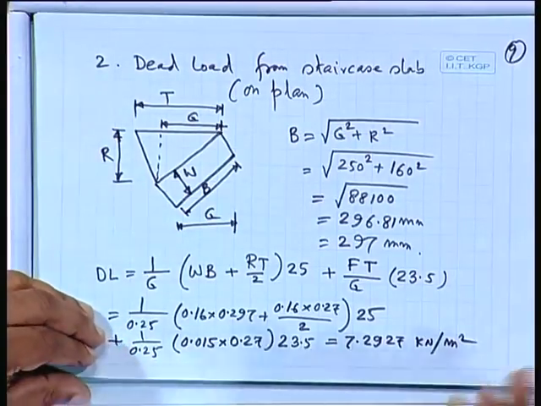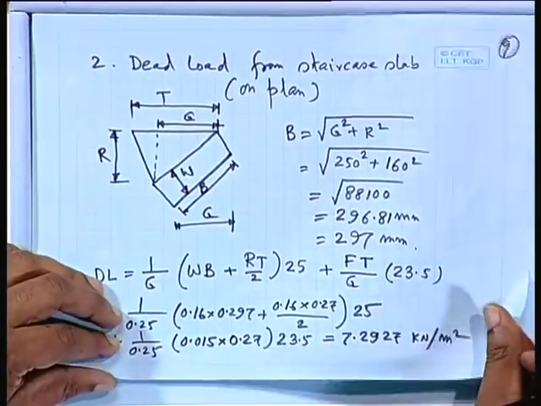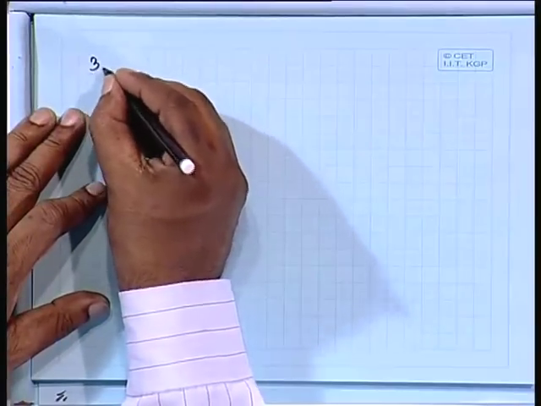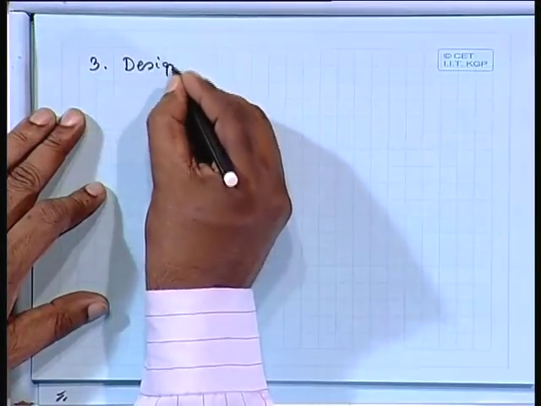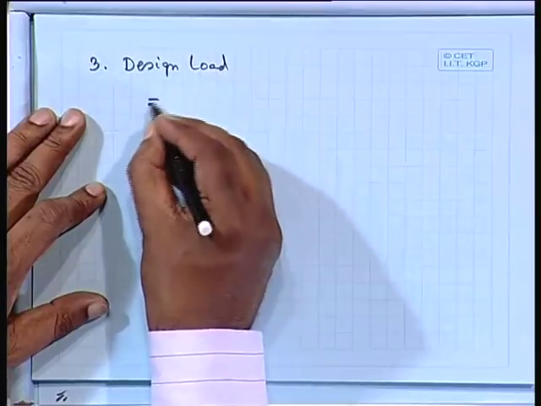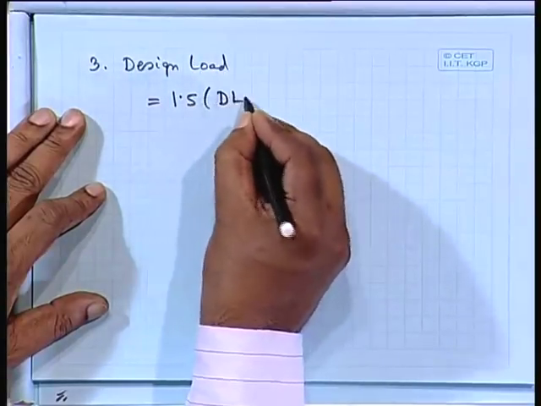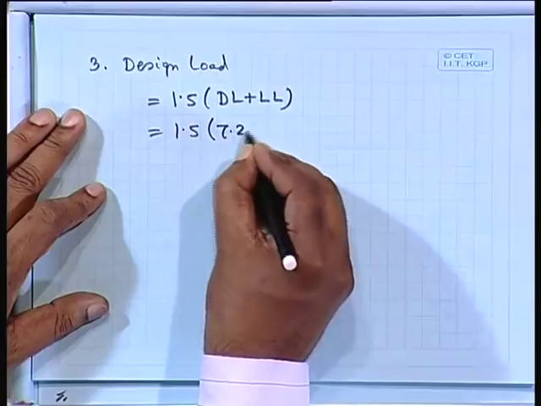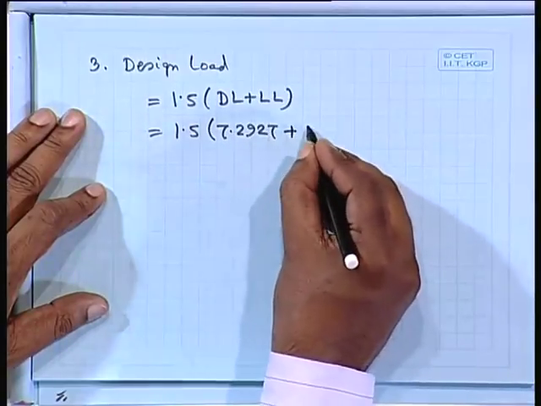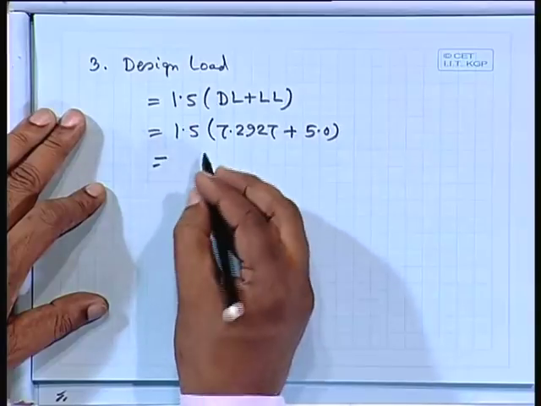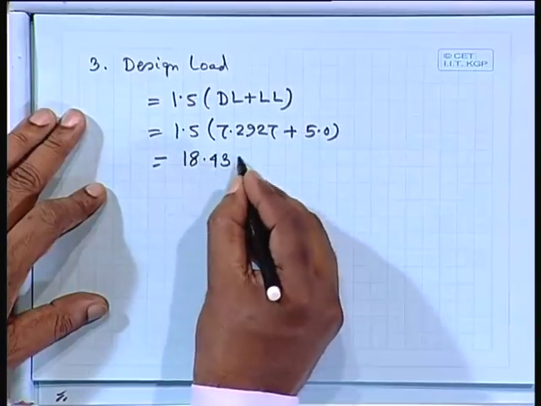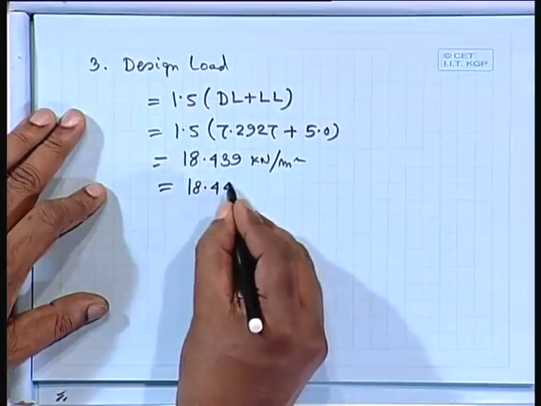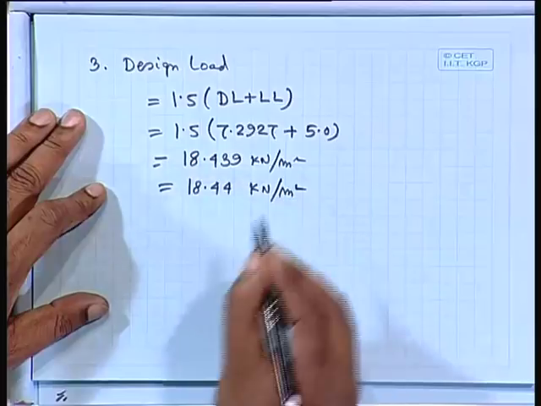What about the design load? Design load equal to 1.5 times dead load plus live load. So 1.5 times 7.2927, already computed, plus 5.0, which we have to provide, gives 18.439 kilonewton per square meter, let us assume 18.44 kilonewton per square meter.